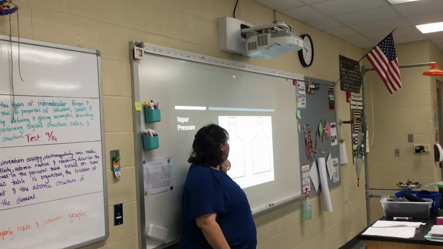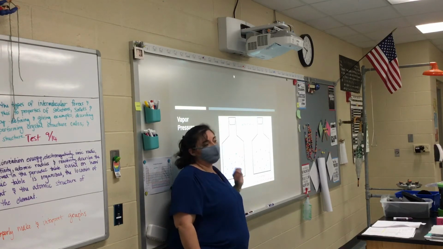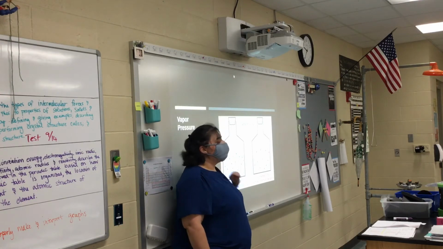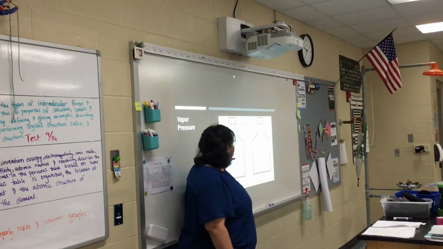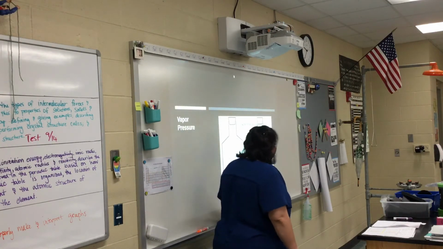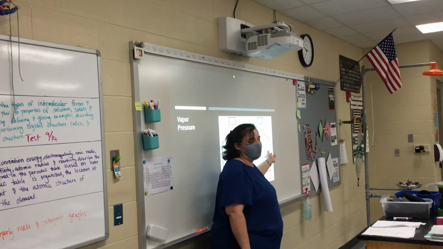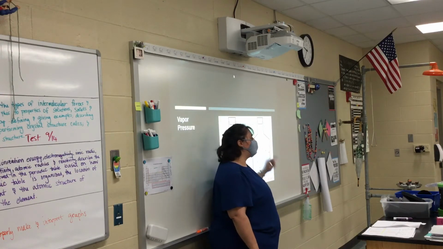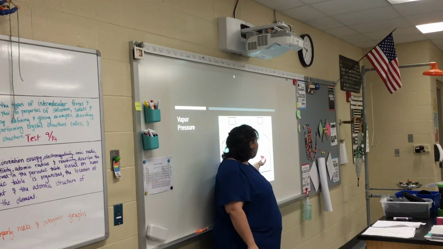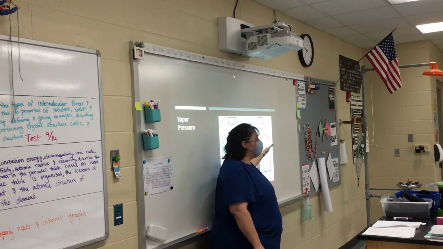But what you're going to see is that those particles that are in the gas phase are going to generate a pressure. That pressure is from the vapor molecules in that closed container, and we refer to that as the vapor pressure. But if we would heat it, we would see that more of those molecules would have more energy because a higher temperature corresponds to a higher average kinetic energy. And you're going to see more of those particles turn into the gas phase.